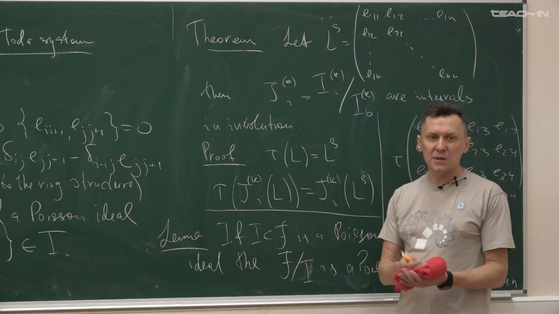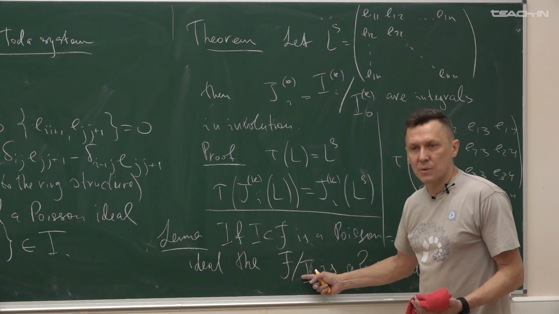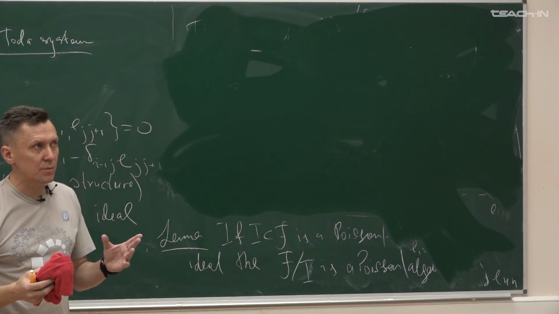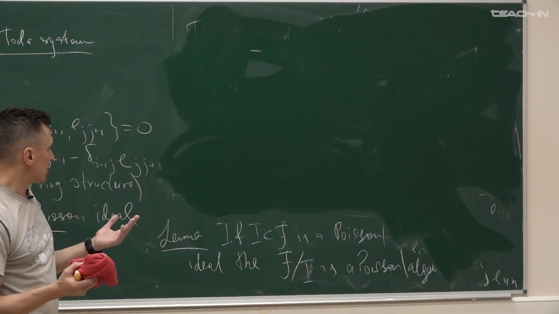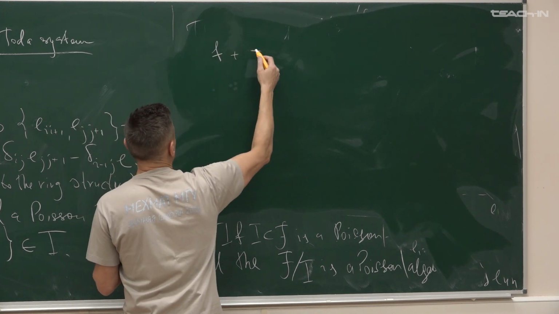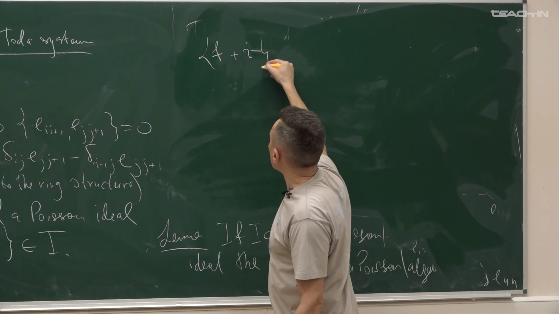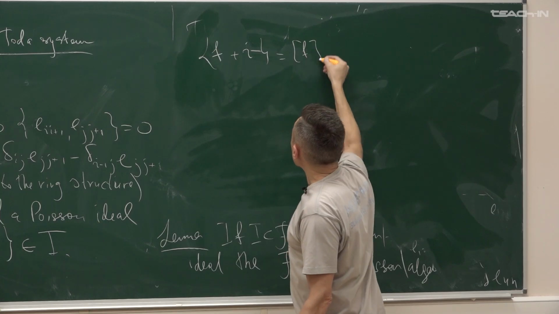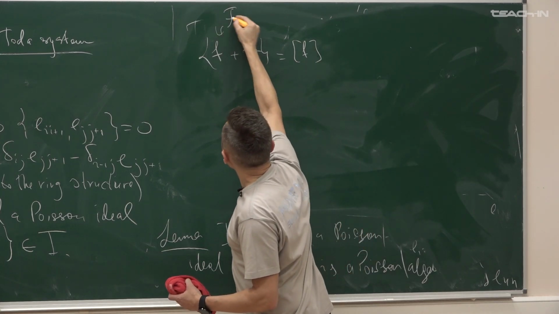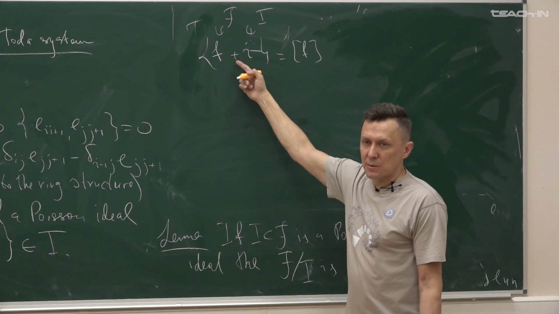The problem is to demonstrate that it's well defined. The quotient is the space of equivalence classes, and we have to add I. So the set of all such elements is the class of F. You see? We couldn't distinguish between different elements of such type.